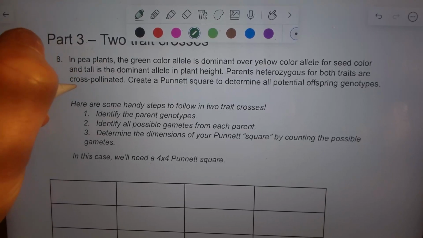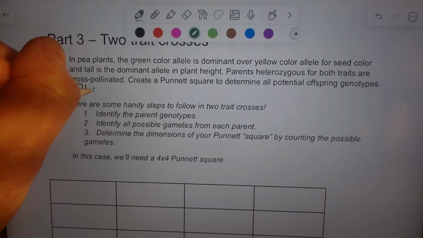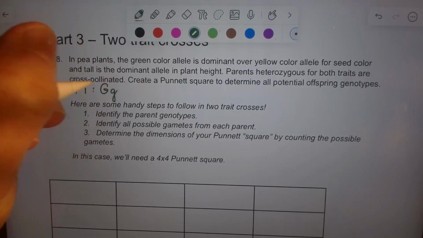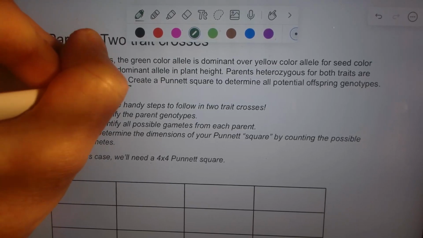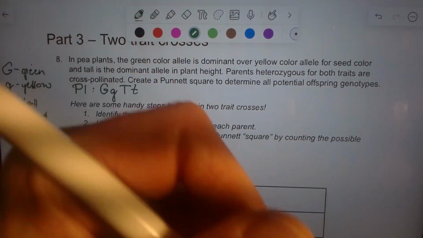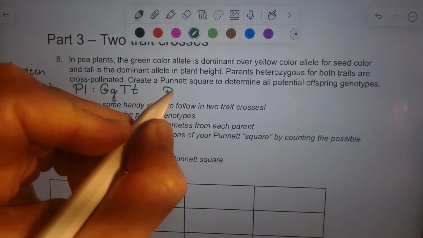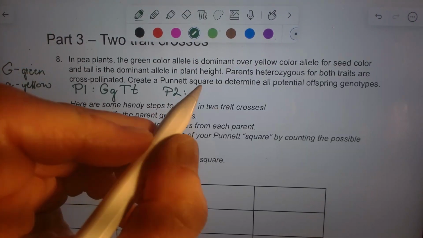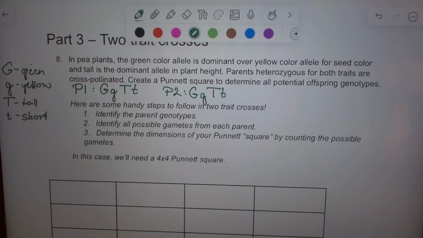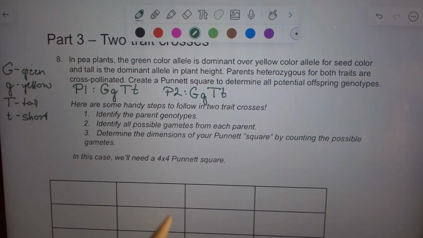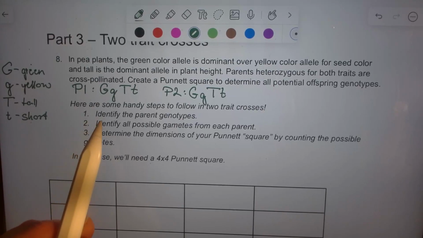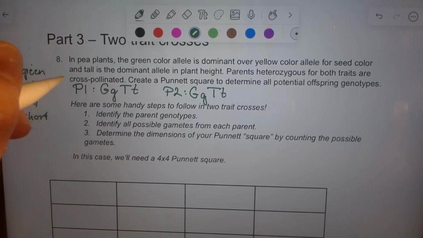So parent 1 is heterozygous for both of them, capital G, lowercase g, capital T, lowercase t, and both of the parents are like that, so parent 2 is the same. The handy tips for solving the problems is identify the parent genotype.